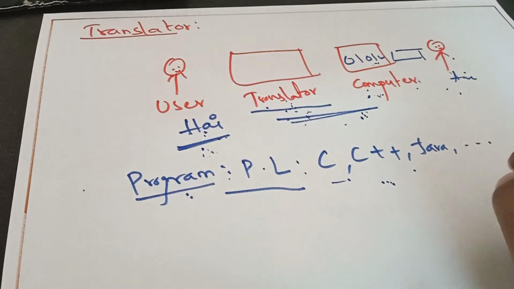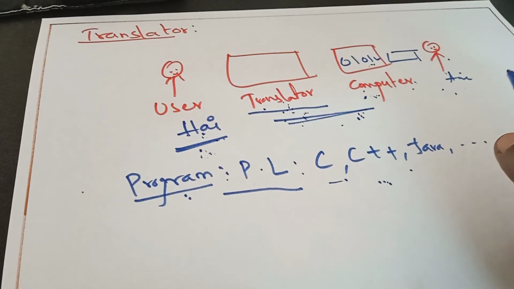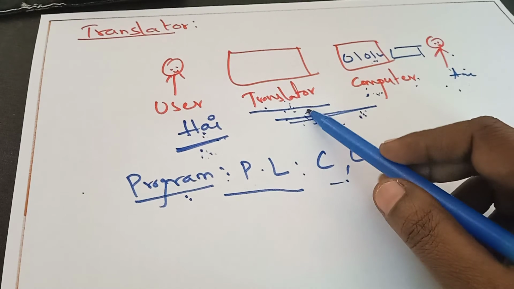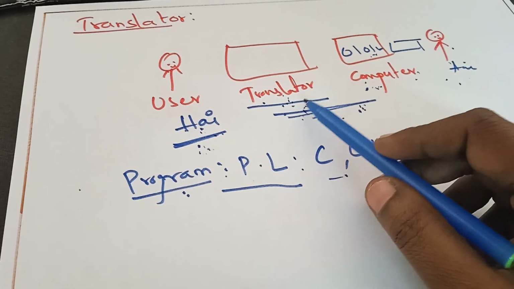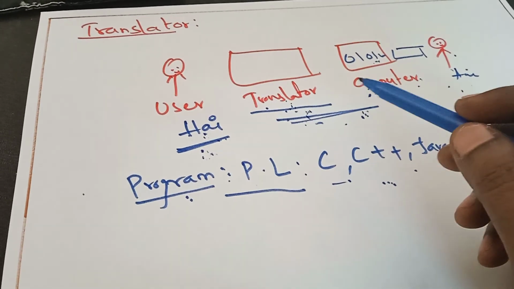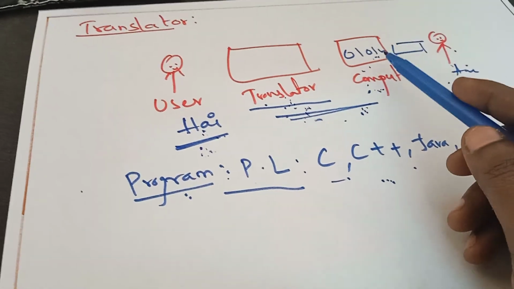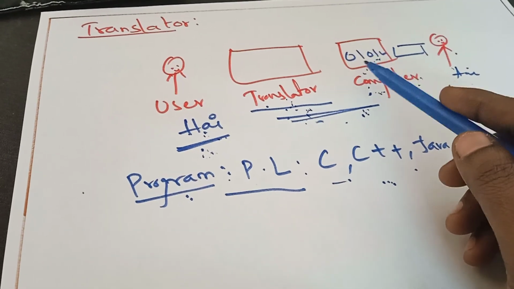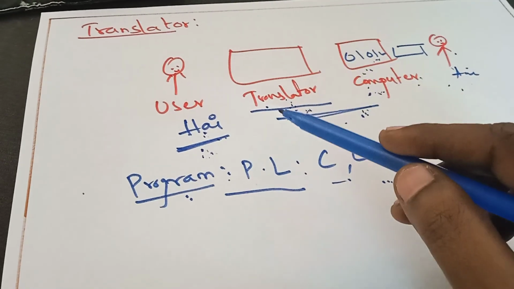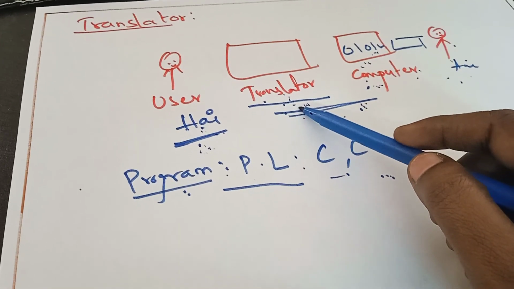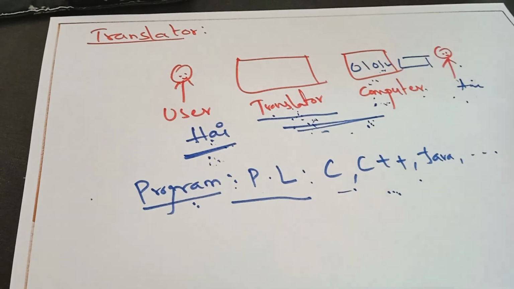This is the basic level. In the next video we'll cover how the translator works, and after we translate the message, how we ensure that there are no errors, who will check these errors, how to rectify them, and what languages we have. I'll cover that part in another video.